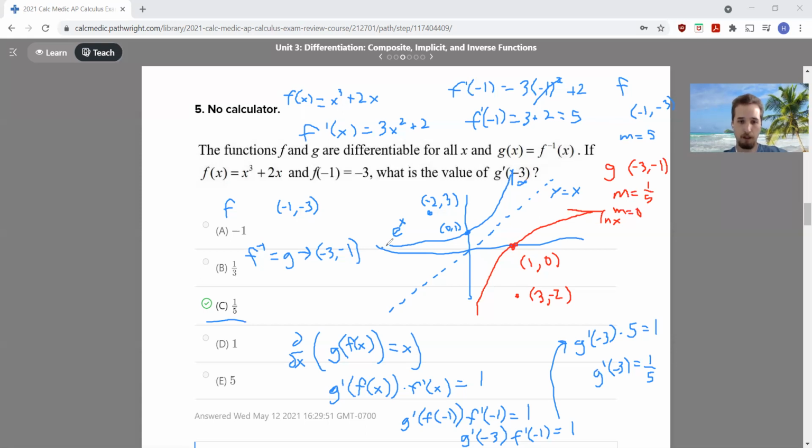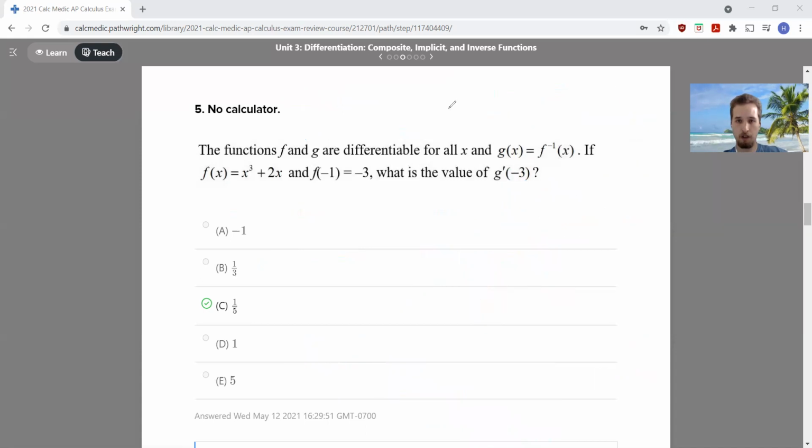And the same thing down here. This slope is close to 0. This slope is close to infinity because they're just 1 over each other. So I'm going to clear this, but that's how you get the answer C. That was a complicated one. Don't be afraid if you didn't get that one.